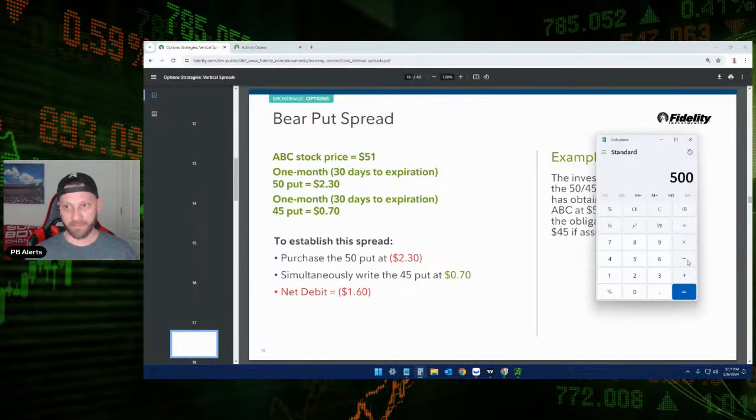If we only paid $160 to open it, that leaves a $340 profit on the other side of the trade. That is a beautiful risk reward. Because if I have a chance to make $340 on only a $160 investment, boom, that's over a 200% return on my money. 212% to be exact.